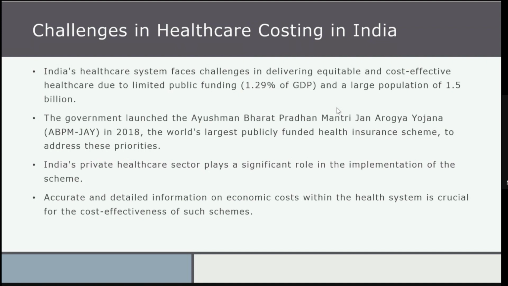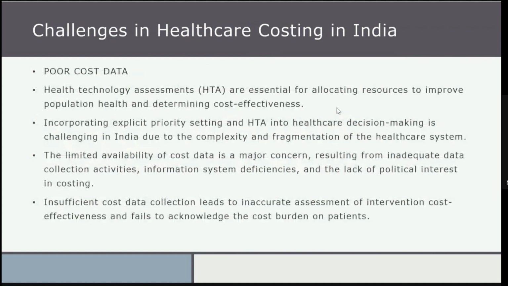India also has private healthcare, and we also need to have the accuracy and the detailed information as far as the economic cost is concerned for such schemes. So we can also get it through the help of health technology assessment for allocating the right resources or distribution.